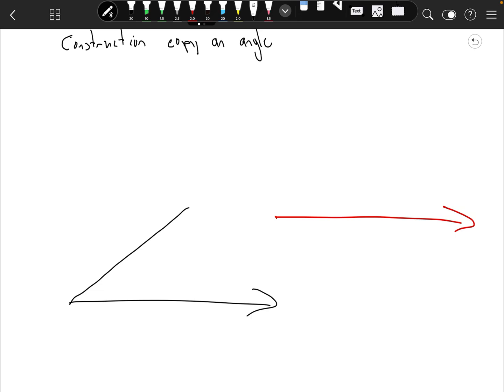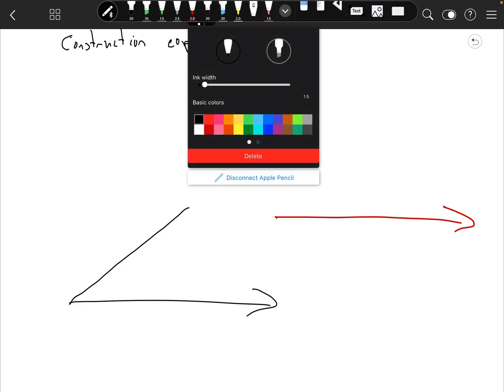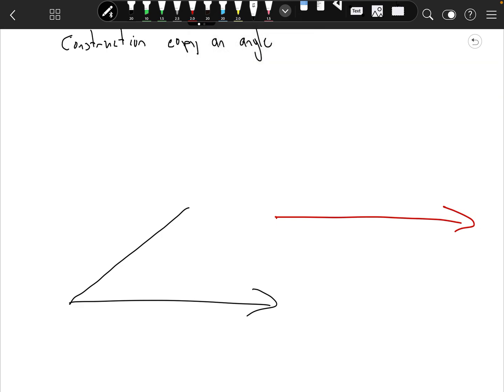Next step, and if I had a compass this would look a lot better, but I'm going to freehand sketch it. I'd like you to use a compass if you have one, or some computer software. I'm going to make part of a circle, an arc. There's the center, and I'm going to go like that. Again, if I had a compass, it would be a little more realistic, but I think you get the idea.